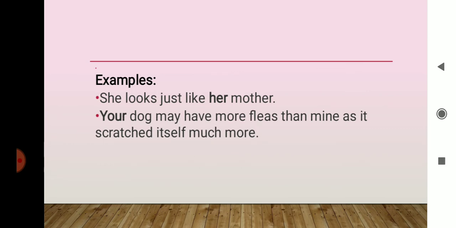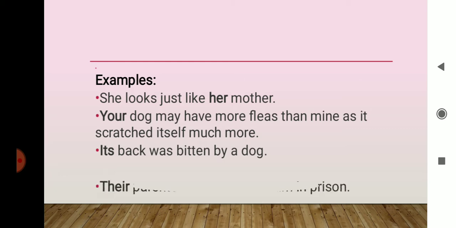Your dog may have more fleas than mine, as it scratched itself much more. Its back was bitten by a dog. These words show possession. Their parents refused to visit him in prison. Her, your, its, their, they all are possessive determiners.